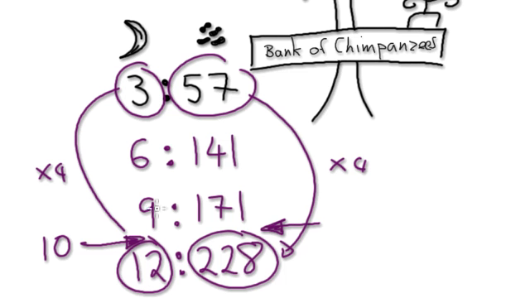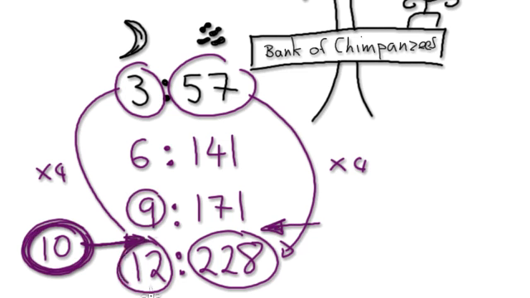My question is, how many peanuts will you be able to exchange for if you have 10 bananas? You see the 10 is here, so you know the answer. With 10 bananas, 10 is between 9 and 12, so your answer is going to lie between 171 and 228.